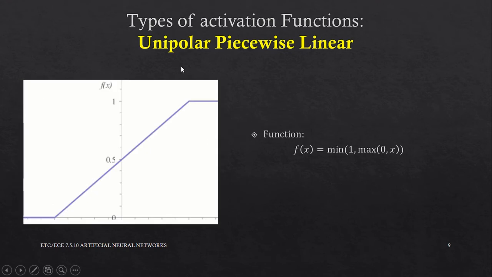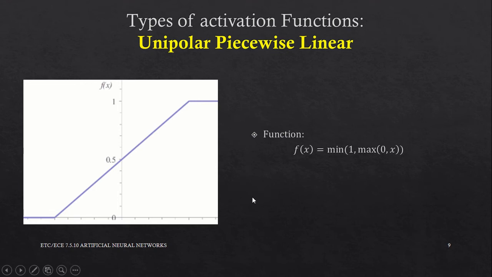Next is the unipolar piecewise linear function. It is given as f of x equals minimum of 1 and maximum of 0 and x. This is what it looks like.